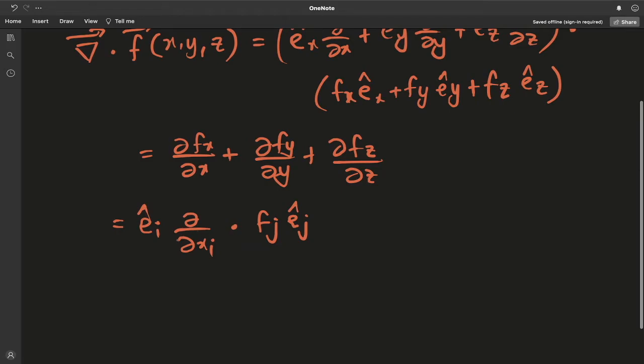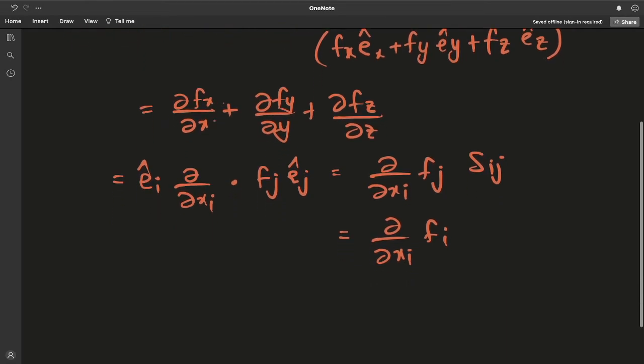You can't commute the derivative, these partials and everything, so just keep that intact, and you have a Kronecker delta of ij. So this becomes partial x_i of f_i, and this makes sense because in this quantity here, the index of the f and the thing it was differentiated with respect to always matched.